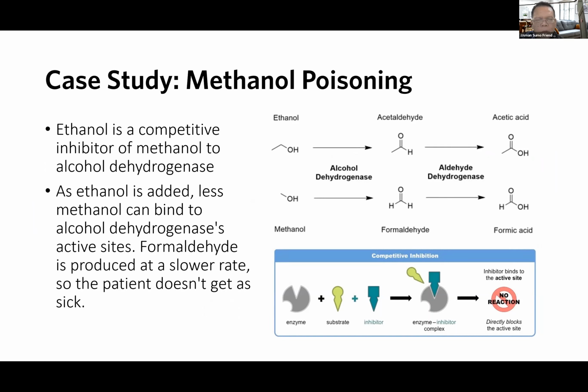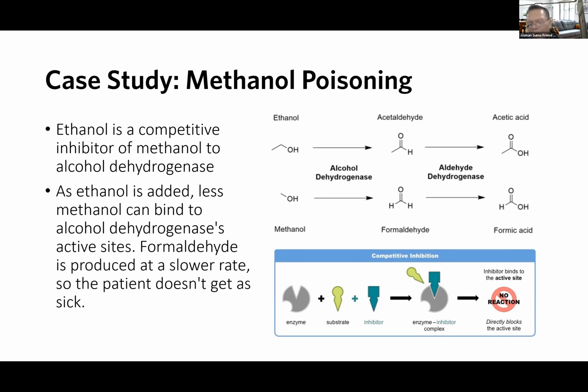Ethanol is a competitive inhibitor of methanol for alcohol dehydrogenase. As ethanol is added, less methanol can bind to the alcohol dehydrogenase active site. Formaldehyde is produced at a slower rate, so the patient doesn't get sick.